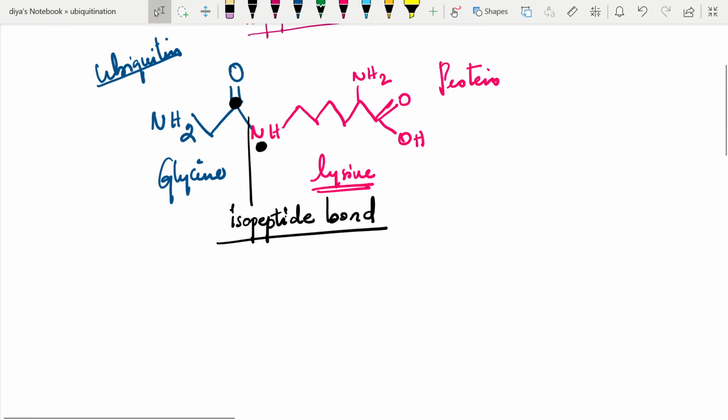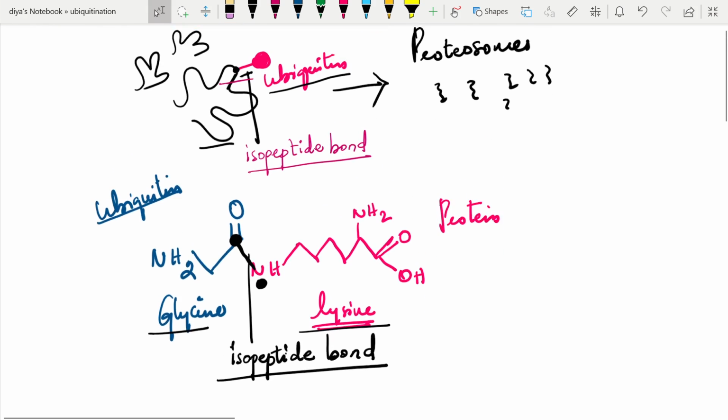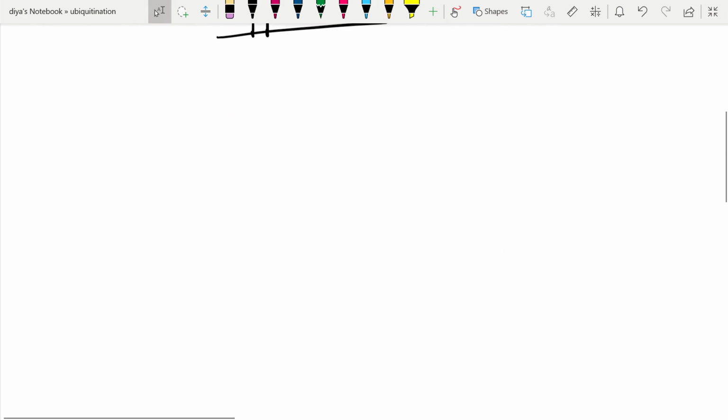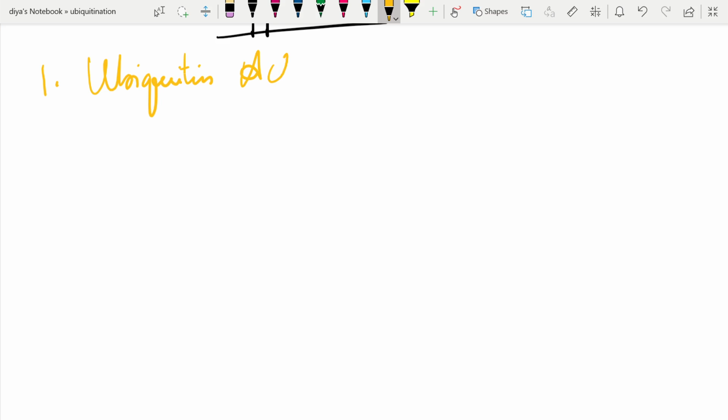Now this bonding of glycine and lysine involves the use of three enzymes. Those enzymes are the ubiquitin activating enzyme, also called the E1 enzyme.